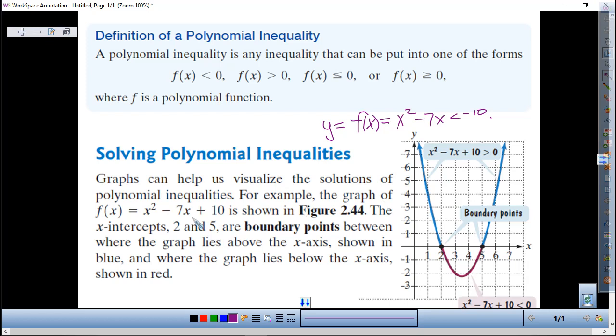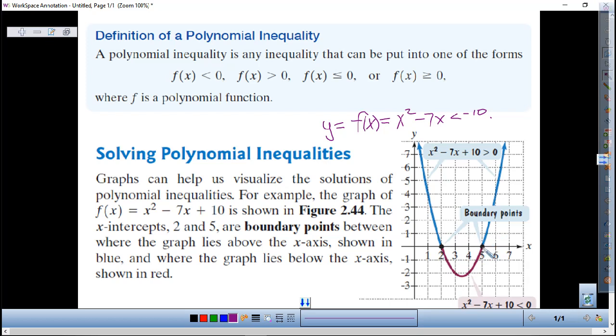So the x-intercepts 2 and 5 are the boundary points. Notice that it's greater than 0 on the light blue here. Then once it hits that boundary point, the x-intercept, it's below the x-axis and less than 0.